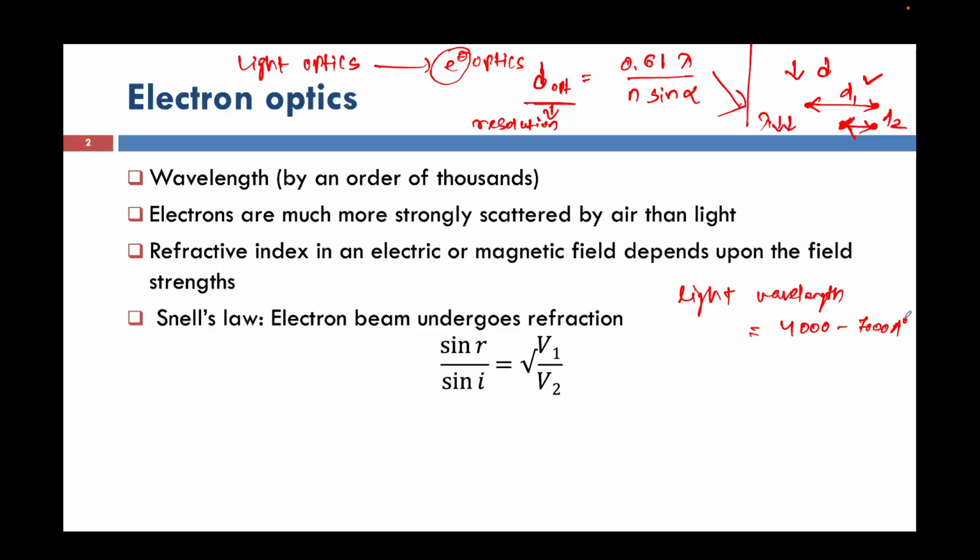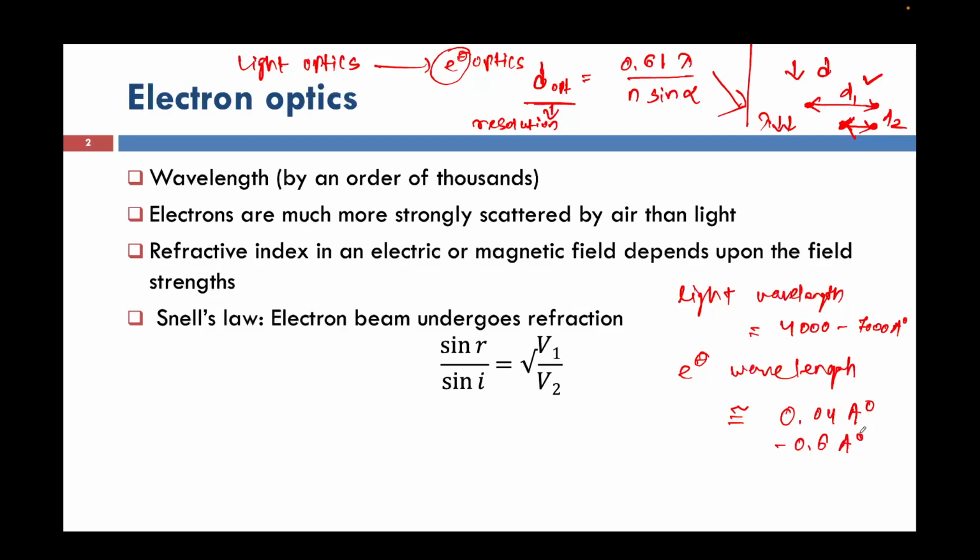But electron wavelength is in the order of 0.04 or sometimes 0.06 angstrom.